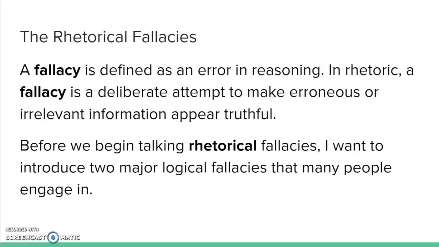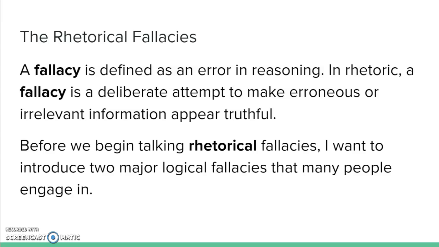In rhetoric, a rhetorical fallacy, it's similar. It's an error in reasoning, much like a logical fallacy would be, but a rhetorical fallacy is a deliberate attempt to make erroneous or irrelevant information appear truthful.